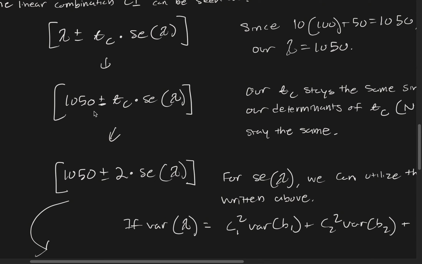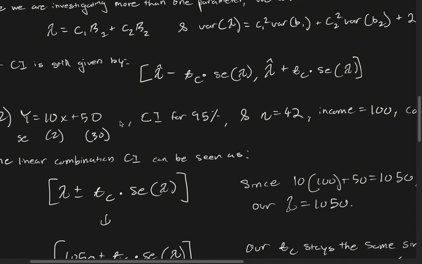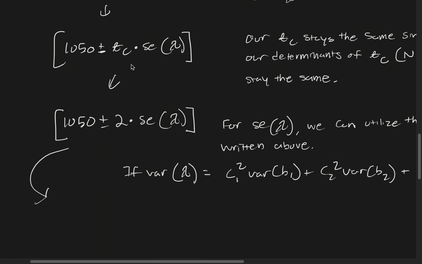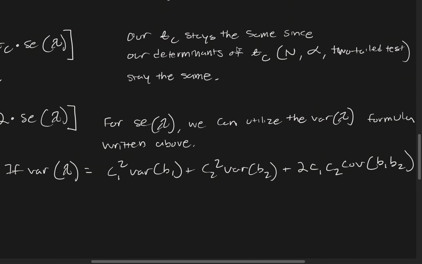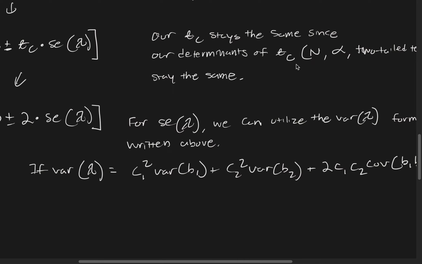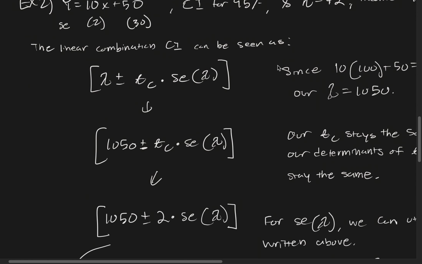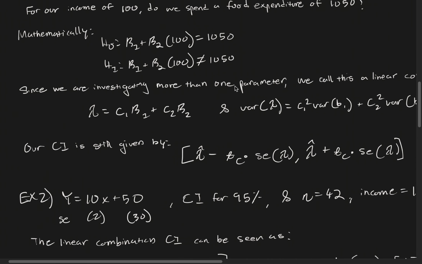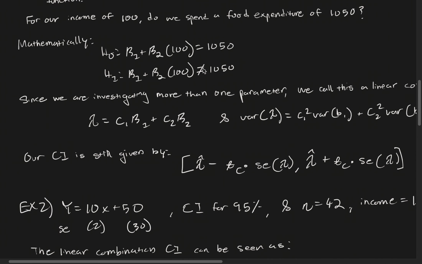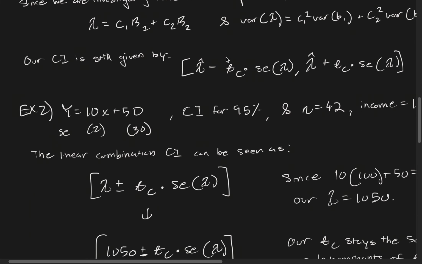Our critical value is still 2 because none of the determinants of the critical value change. Our n stays the same, our alpha stays the same. We're still using a two-tailed test because the alternative isn't saying it's greater or less than 1050. It's just saying it's not 1050. So that's the only thing we have to prove. We don't have to prove that it's less or greater.